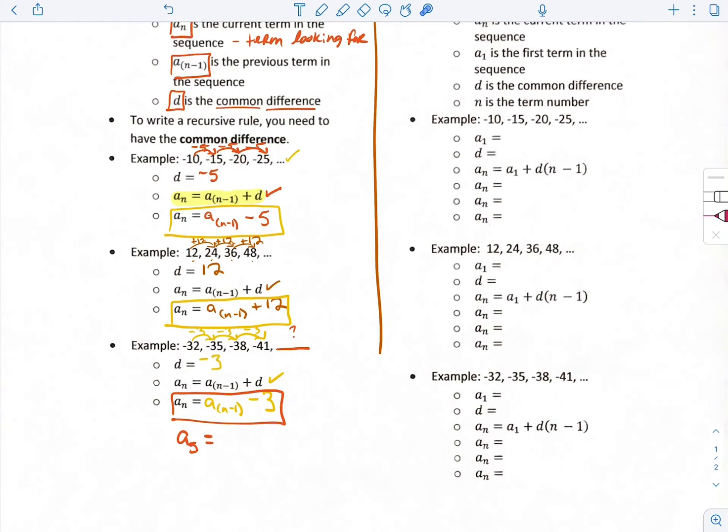So the term before the term we're looking for is negative 41. So we're going to write it, and then we're going to subtract 3 as it says to do. And that's negative 44.